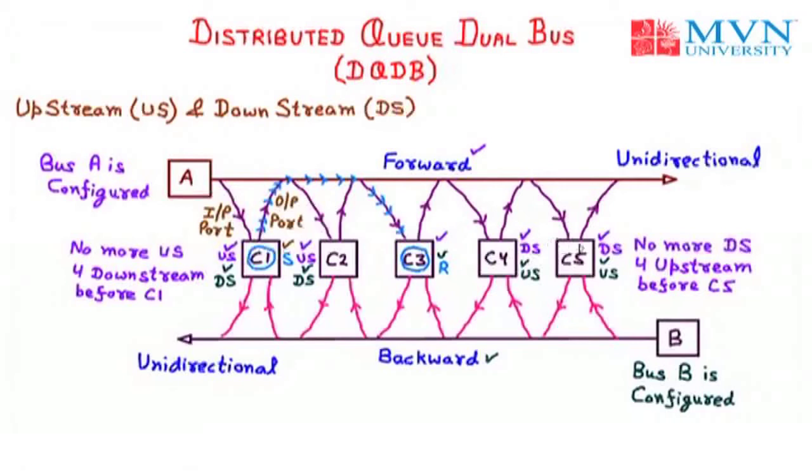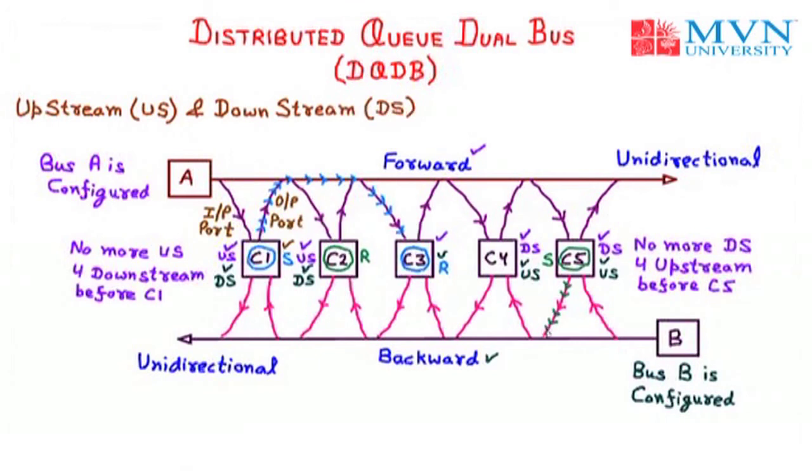Let us suppose we have one more computer, that is C5, and we have one more system, that is C2. At this time C5 is the sender, S stands for sender, and C2 is the receiver, R stands for receiver. Now C5 will send the data with the help of these particular arrows.